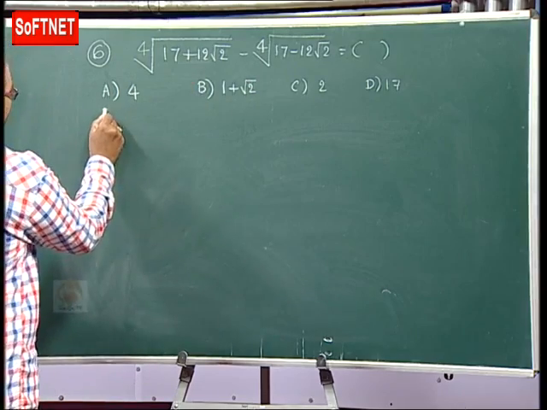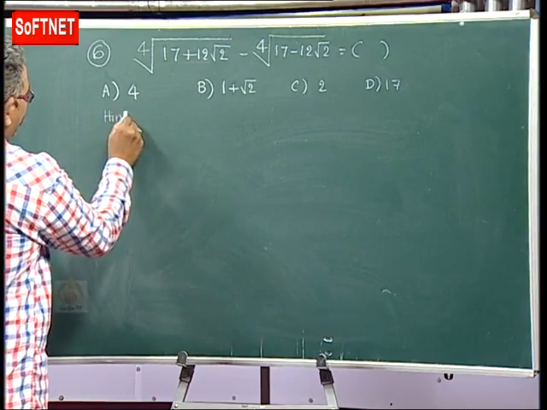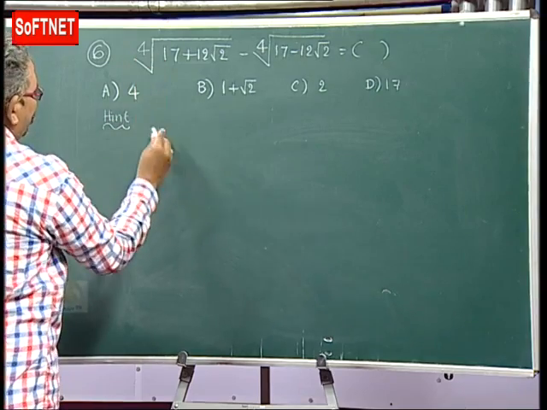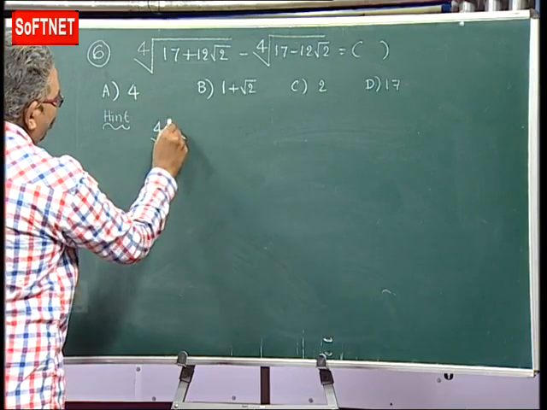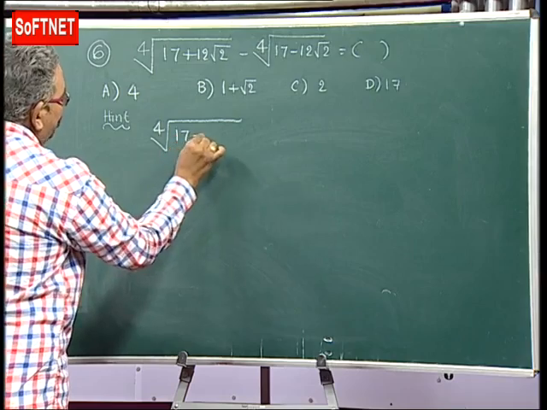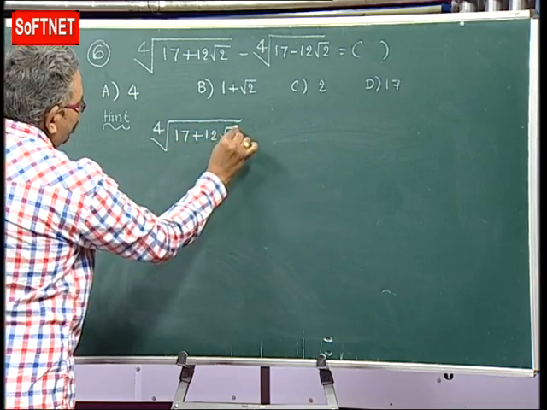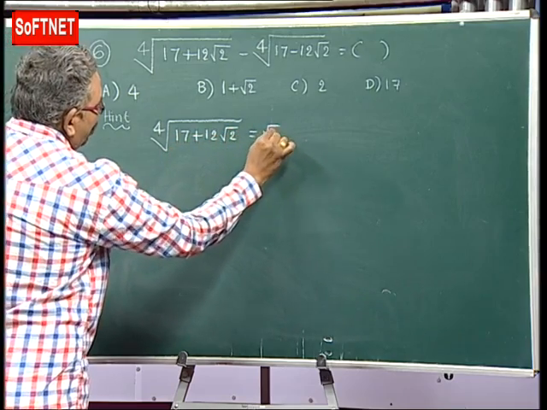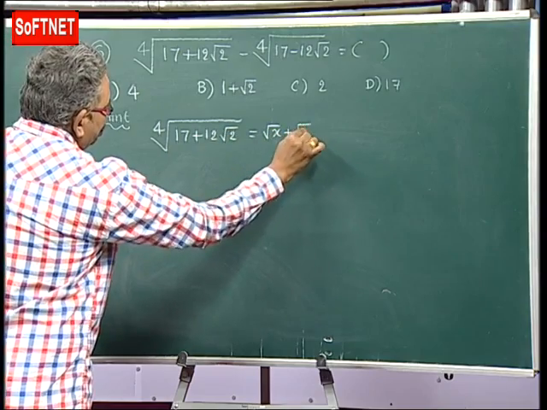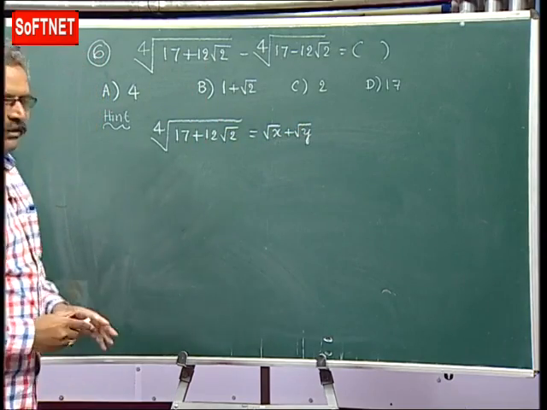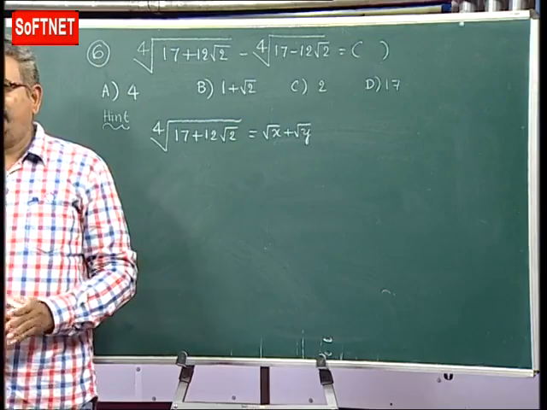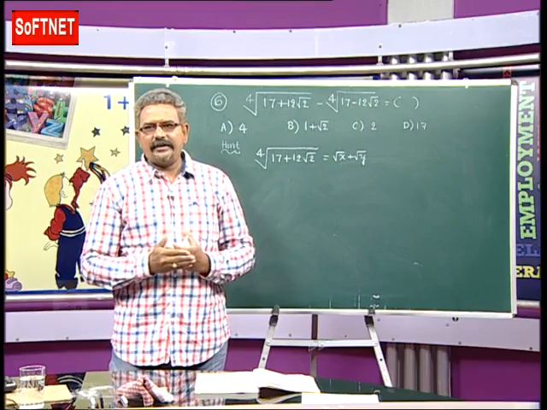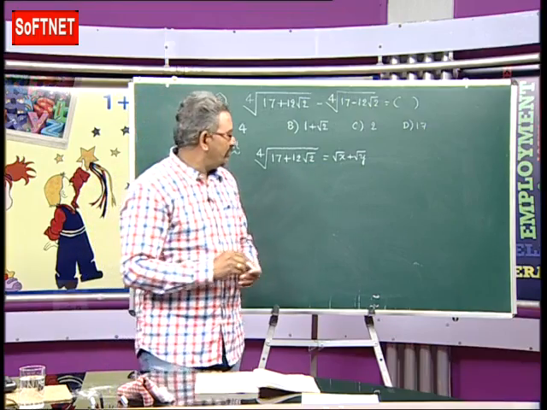Okay. First let us find the fourth root of 17 plus 12 root 2. This will be in the form of root x plus root y. We have to check for the respective x and y values.